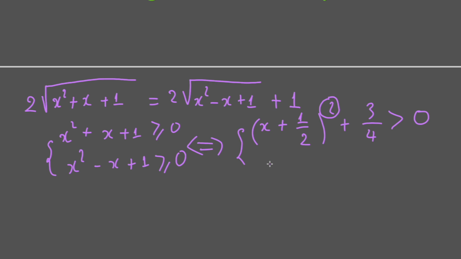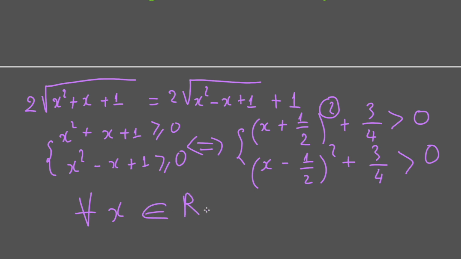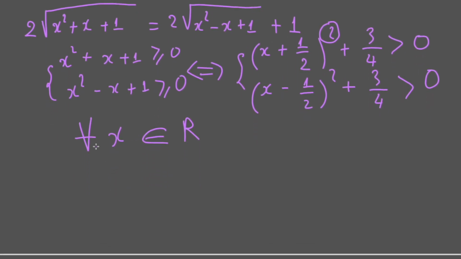Similarly, for the other expression, we have (x minus 1 over 2) squared plus 3 over 4, greater than 0 as well. It means any real number x satisfies these expressions being greater than 0. So the domain of x is the real numbers.